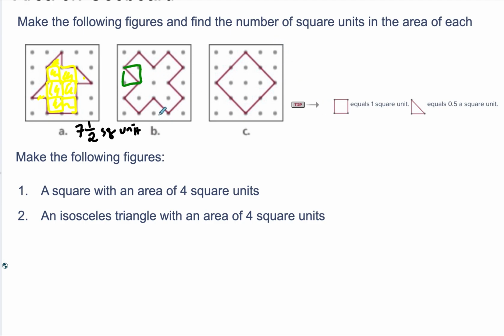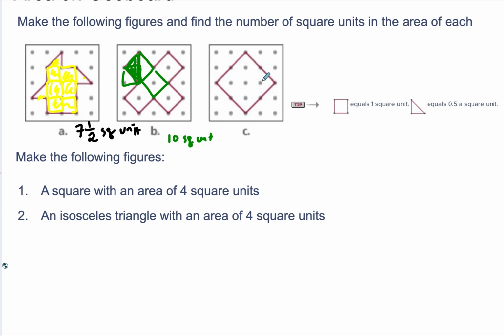This is our square unit. Then this is just half of a square unit, then another half of a square unit. So together, these two triangles make 1 square unit. So in this big square, I have 2 square units, right? And I have 5 of those. Each has 2 square units, so I actually have 10 square units.